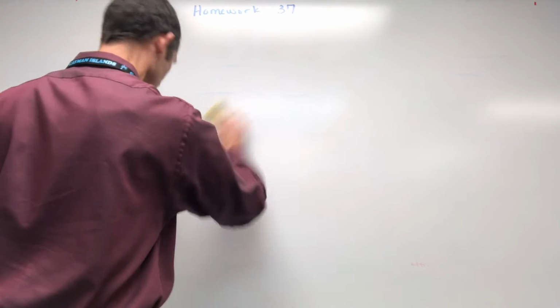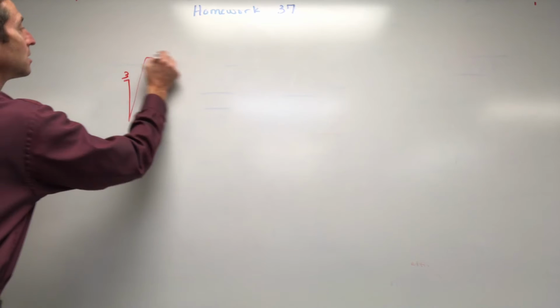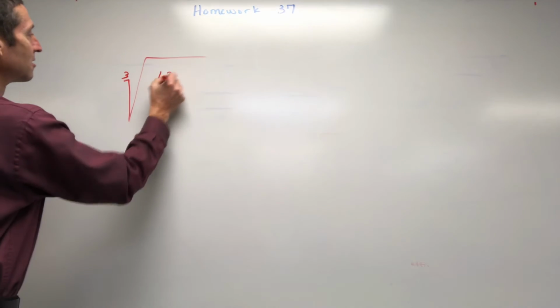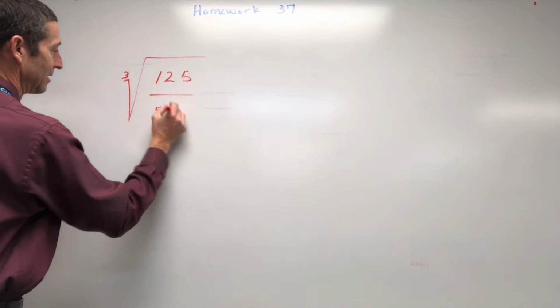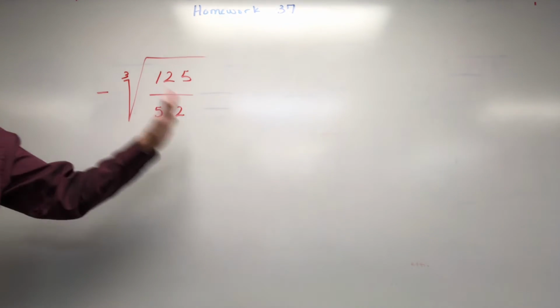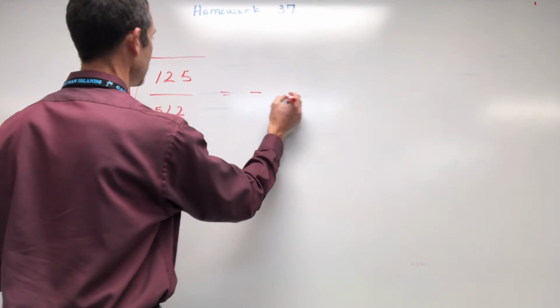Let's do a cube root one. Let's get a big, tall cube root. What do we got here? 125 and 512. So a negative, a cube root, 125 over 512. All right, negative out in front, no problem, just means our answer is going to be negative. Here, I'll just put it out there right now.